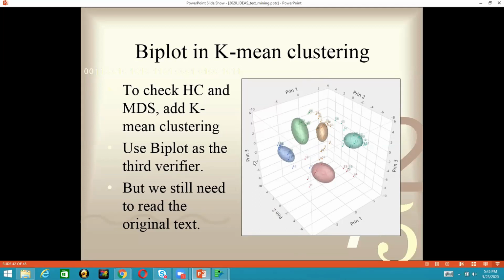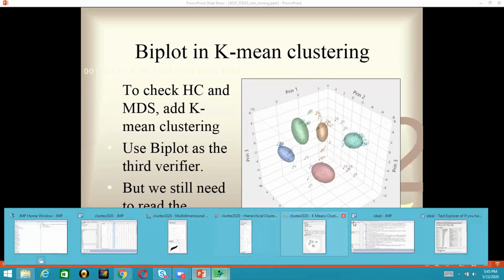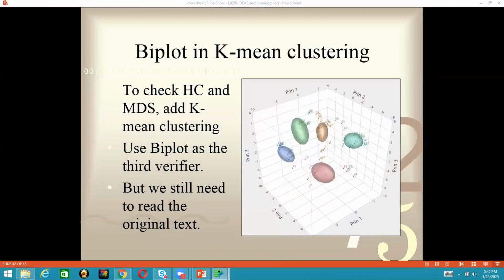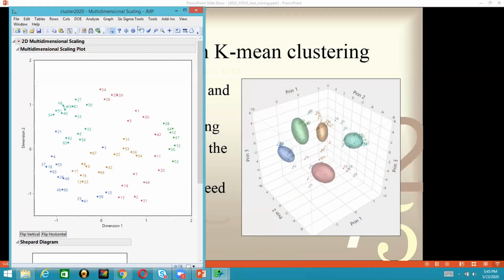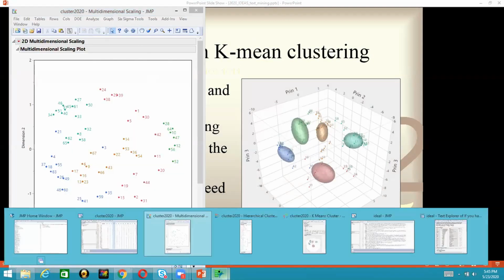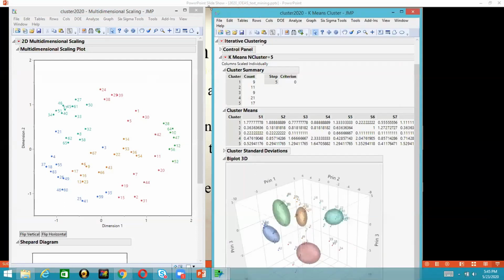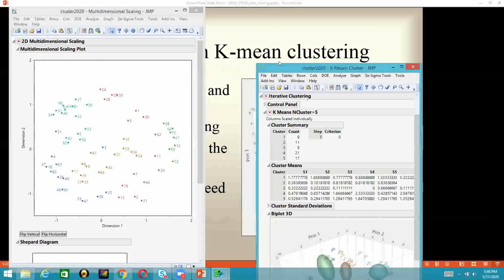I want to show you the graphs for illustration. Here is the MDS, and this one is the Biplot. We make it smaller.